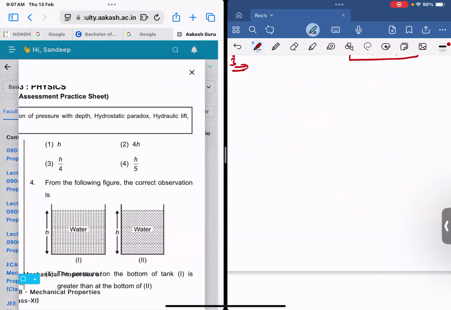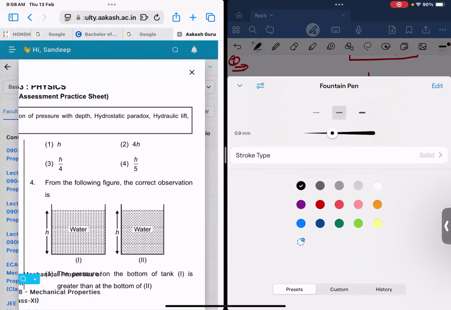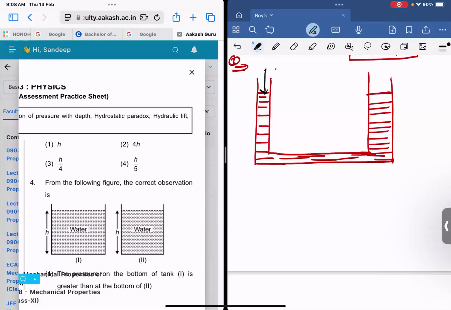So the third question is like this. Here you are applying a force F. Here the cross sectional area is A, and here the level has gone down by some height h.